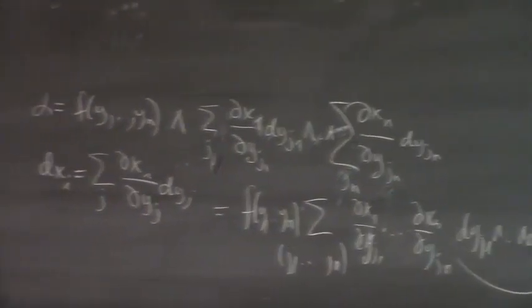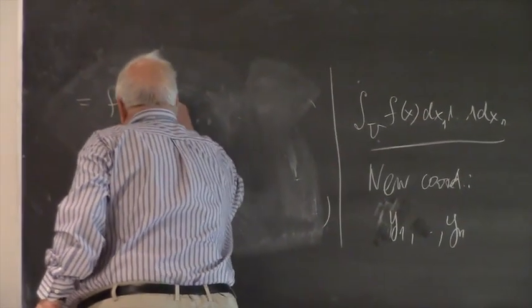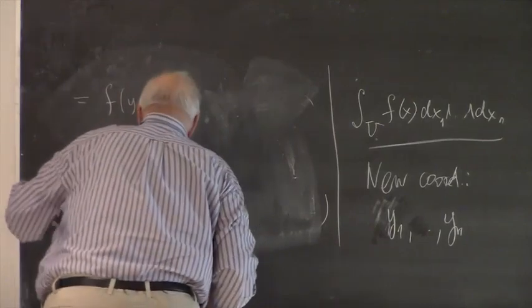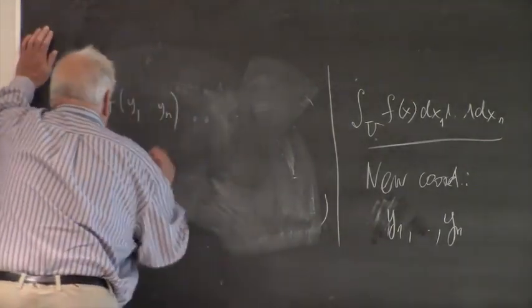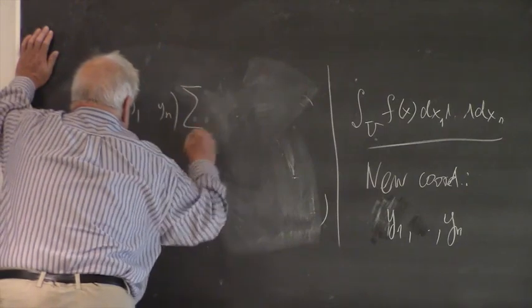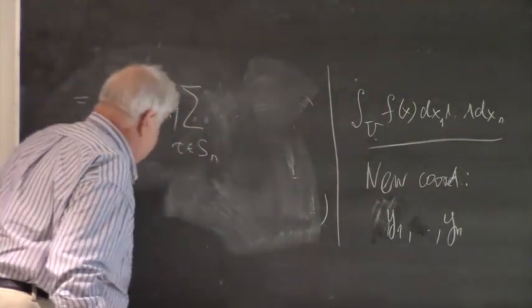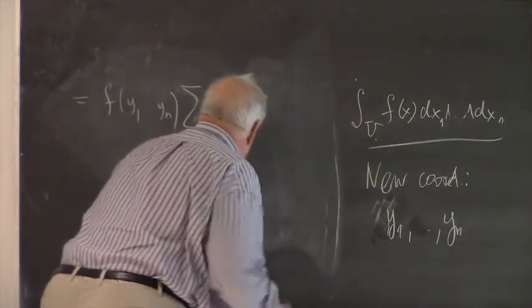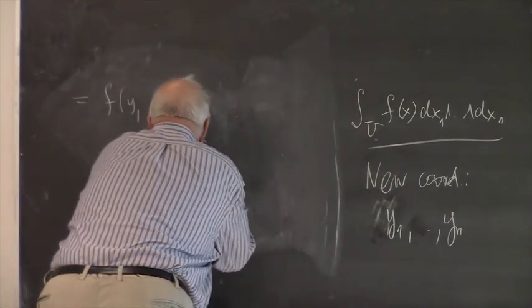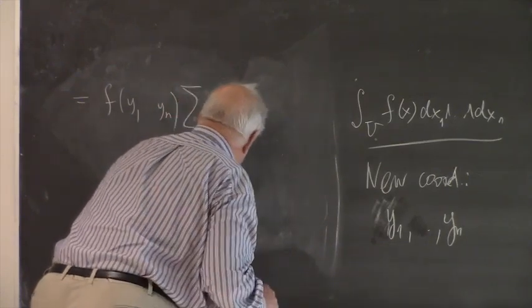So we can write this is equal to f of y1, ..., yn, and here I write the sum over all the permutations of n numbers. Here I write permutation tau, this is j1, ..., jn.